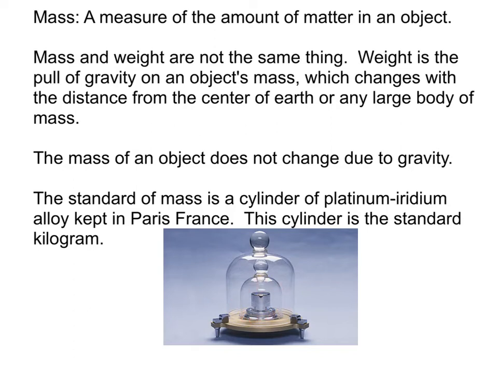There's a chunk of platinum metal locked in a vault someplace in Paris, France. That is the standard kilogram. All other kilograms are patterned after the amount of matter in that object, so they keep it in a stable environment so no extra weight gets picked up or lost over time. That's the definition of mass, and make sure you remember the difference between mass and weight.